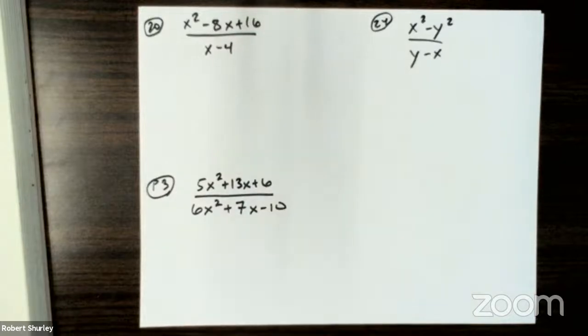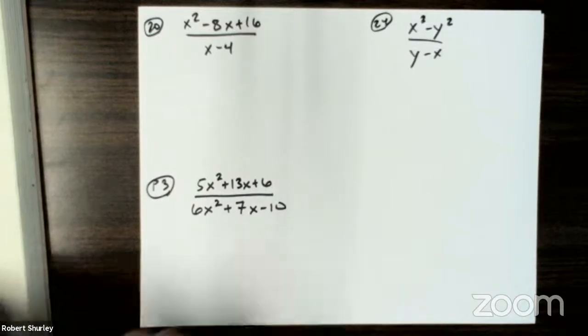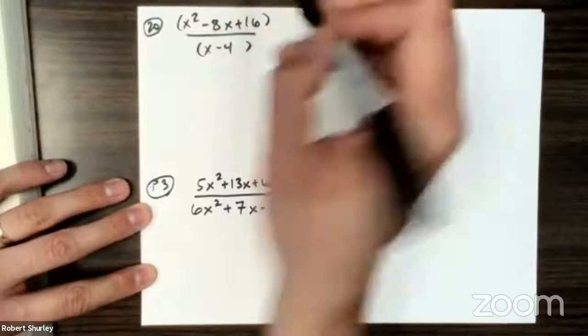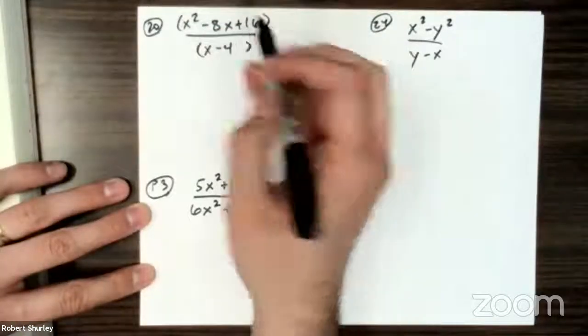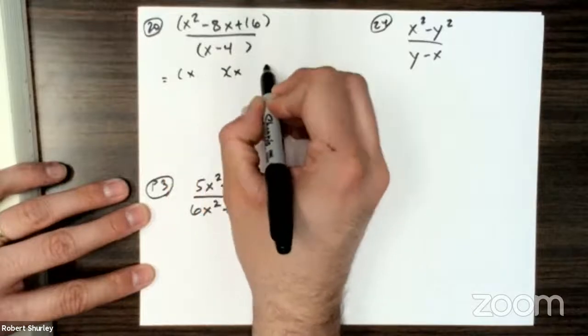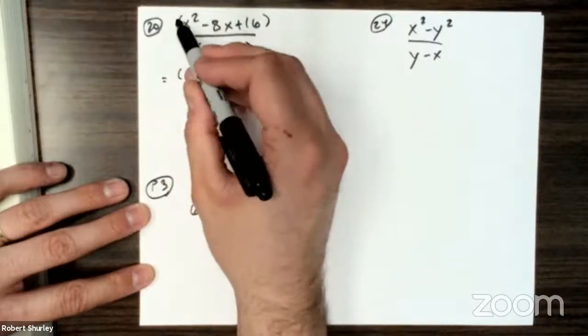Okay, so let's start these now. I just sent you guys an email about the test. Everything should be done. So let's look now at number 20. We have to factor the top and bottom and then simplify completely. So I'm going to put parentheses around these. The numerator factors into, and that's that nice factoring because x squared is by itself, there's no coefficient.